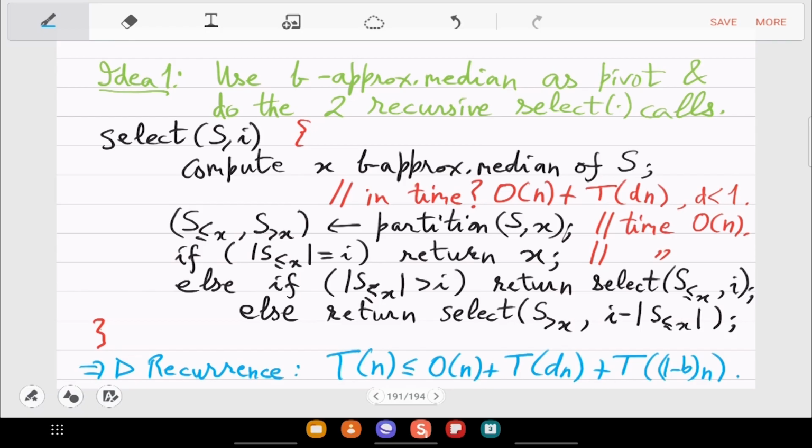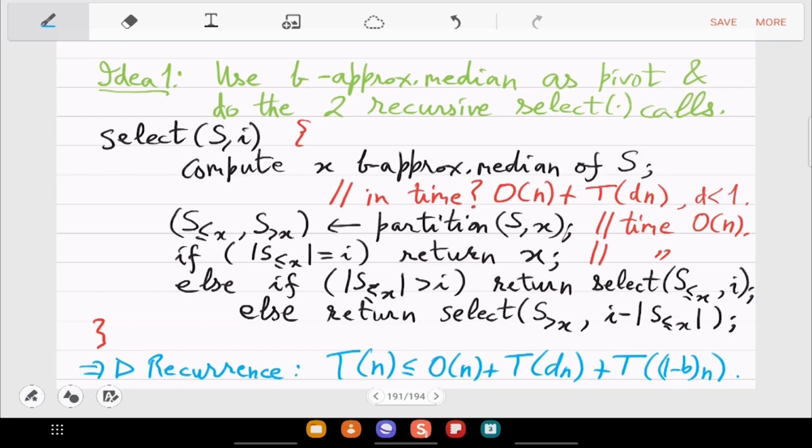Yeah, so what is the complexity of select S less than or equal to X? And what is the complexity of select S greater than X? So for one, the complexity, I mean by the guarantees you have from the, so that was in the definition of approximate median.